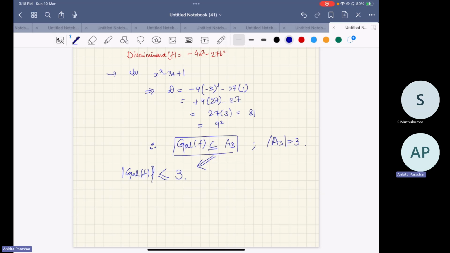Let me give you a hint. Suppose you have a group whose order is less than or equal to 3. What are the possibilities for that order? Either 1 or 3. Why not 2?